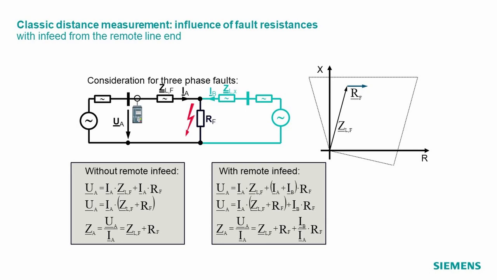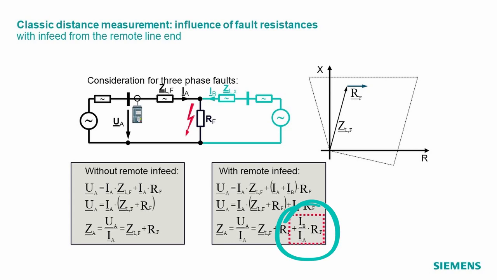You can easily write this down in equation. I don't want to go through all this equation, but the result is you get this additional value here. That means instead of measuring, as indicated in this plot now, the piece of line plus the fault resistance, you measure an additional part, which is here in this red box.